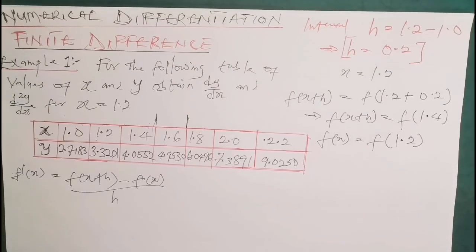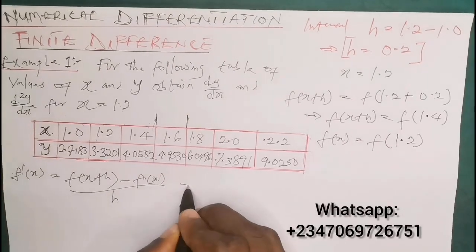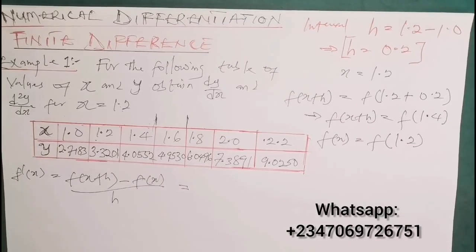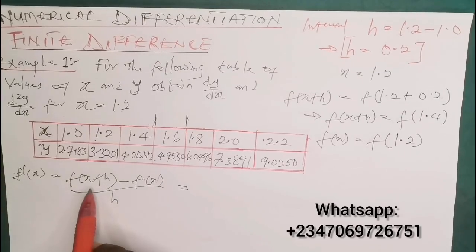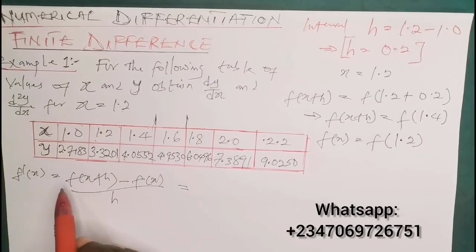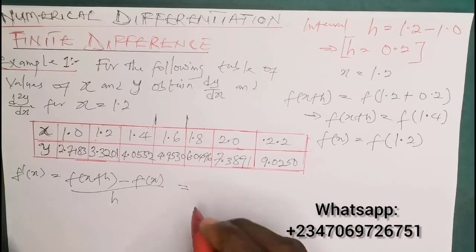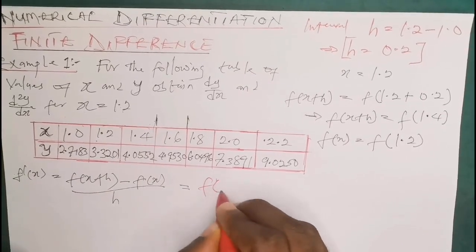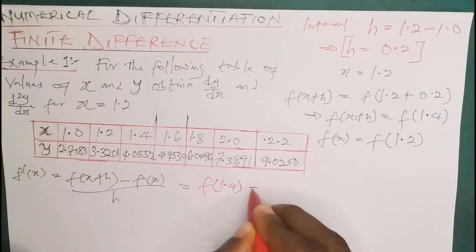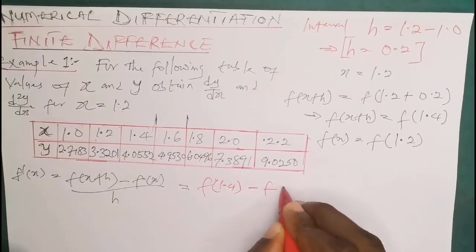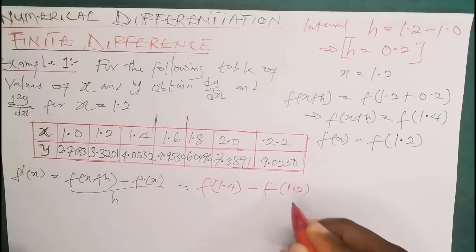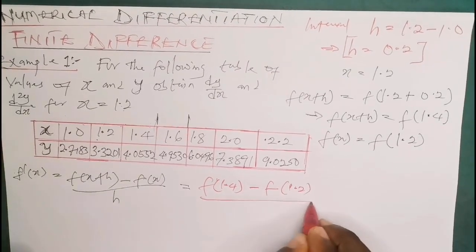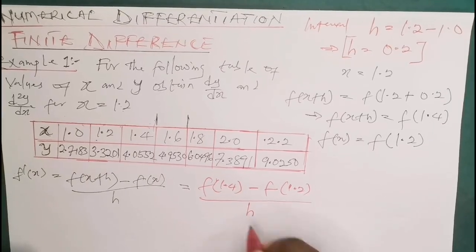So having known these values, we now plug them into this equation. This means that the first derivative becomes f of x plus h, which gives us f of 1.4, minus f of 1.2, divided by h.